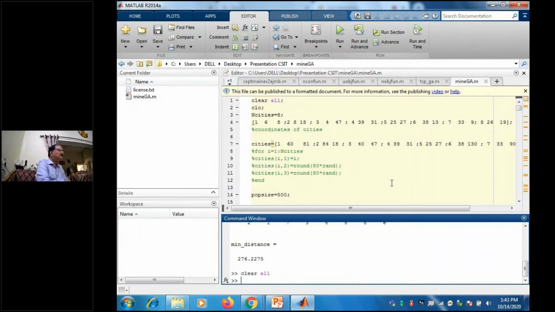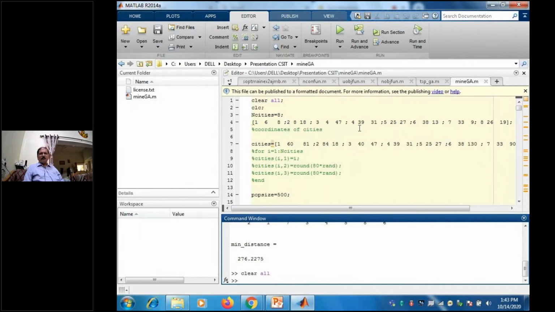Such problems are commonly used in operations management, and I want to demonstrate with MATLAB how they are solved using a genetic algorithm. Here 8 cities are given, 1, 2, 3, 4, 5, 6, 7, 8. These are the xy coordinates of city 1, city 2, city 3.